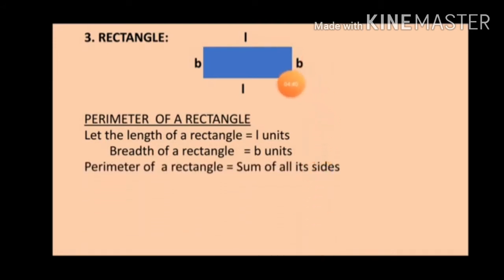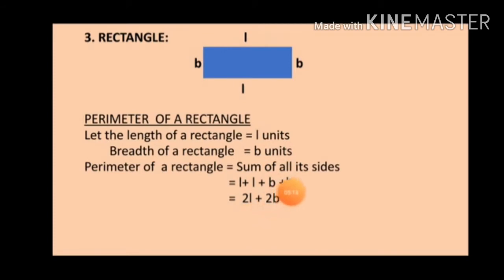Children, whenever we talk about the perimeter for any given shape, we have to take the sum of all its sides. Here we have four sides, so we take the sum of all four side measures. You can see that we have added L with the opposite side L, and the breadth with its opposite side breadth. Two times we have L, so we get 2L.